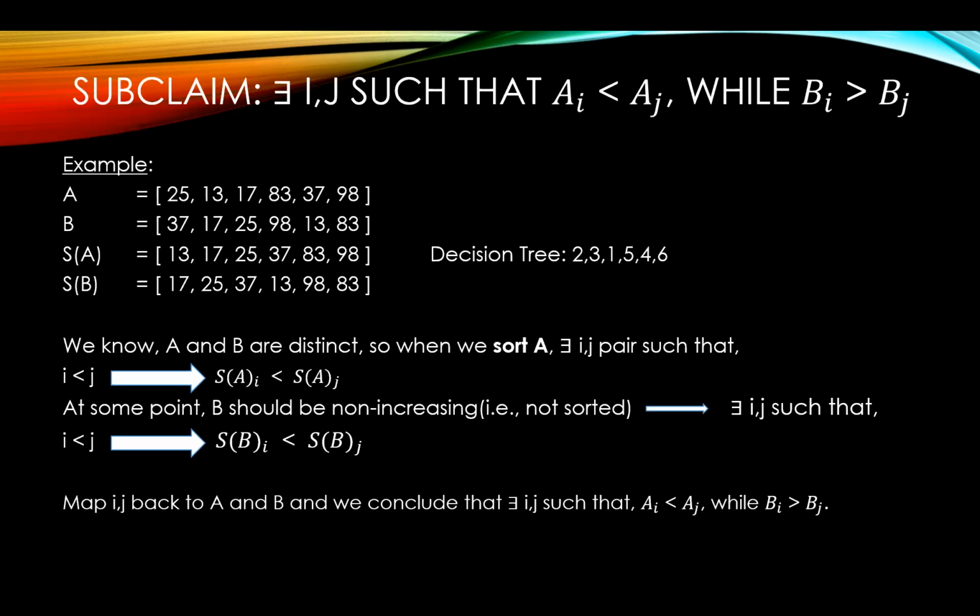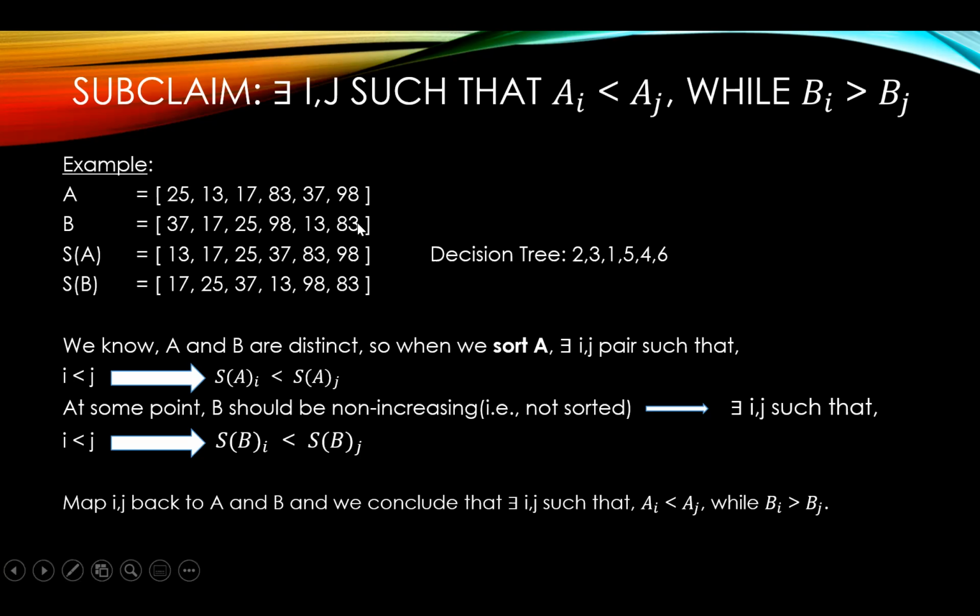Further, the proof of the subclaim will be shown by example. Our subclaim is that there exist i, j such that Ai is less than Aj while Bi is greater than Bj. For this, let's consider an example. We have an input array A with these elements, and an input array B with these elements.